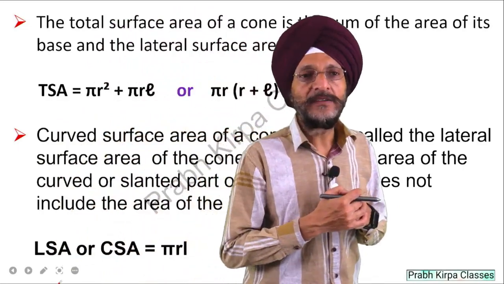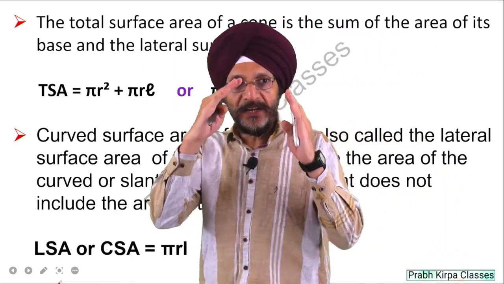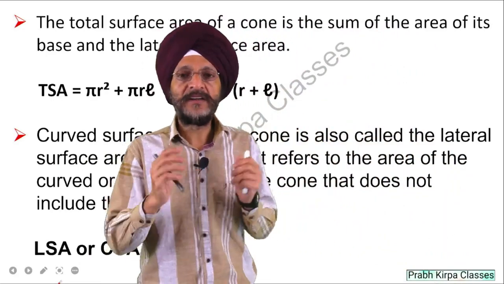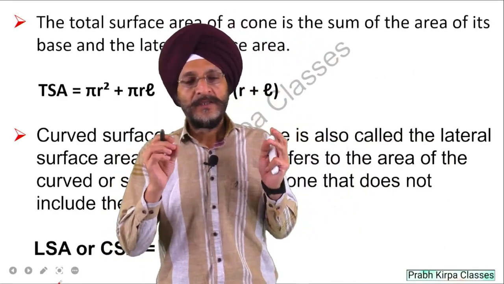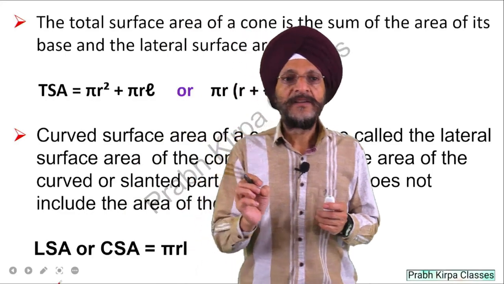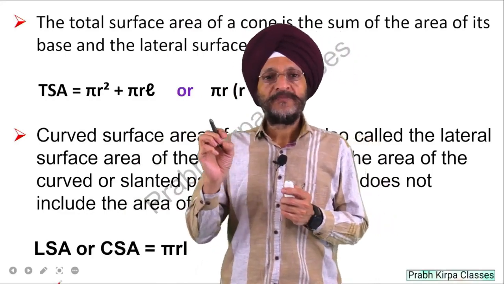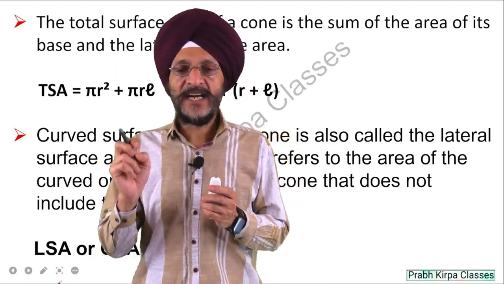Curved surface area refers to the area of the curved or slanted part of the cone that does not include the area of the base. Curved surface area is equal to pi r L, where pi means 22/7, r stands for radius, and L stands for slant height.